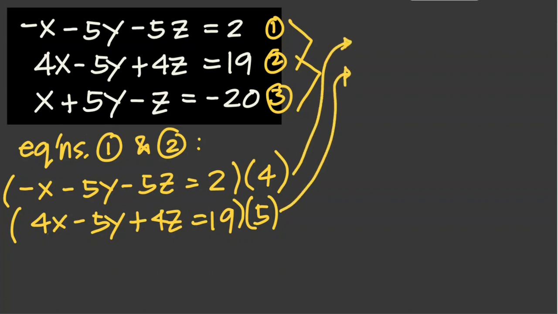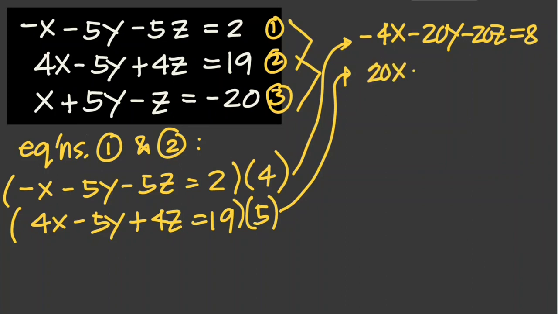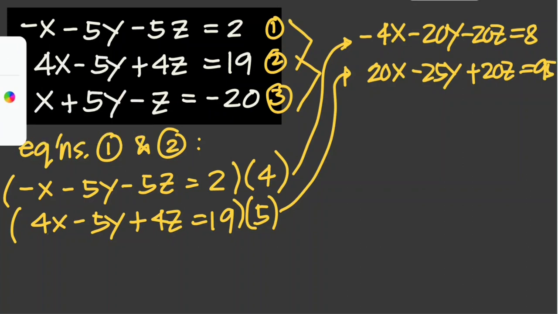These equations would become, 4 times the whole first equation, negative 4x minus 20y minus 20z equals 8. And the second equation would become 20x minus 25y plus 20z equals 95. Now we can add up the 2 equations to eliminate z.